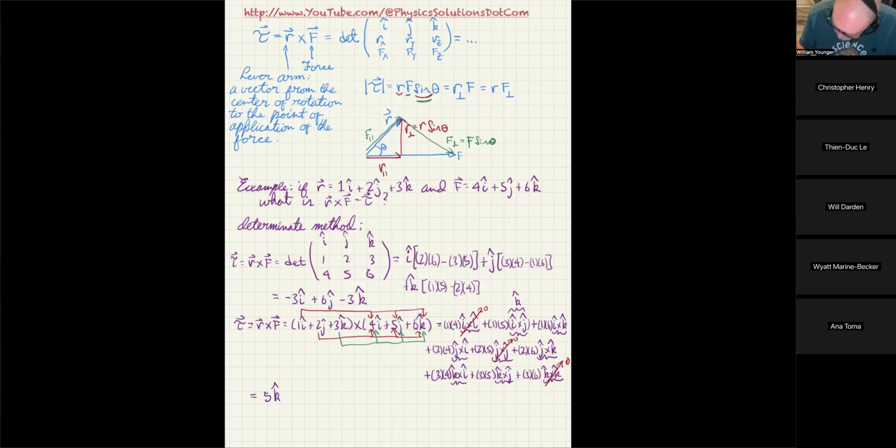i hat cross k hat, on the other hand, let me draw a coordinate system so you can think about it. Here's the x axis, here's the y axis, and here's the z axis. So this is i hat, this is j hat, and this is k hat.